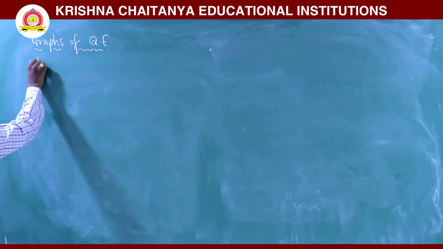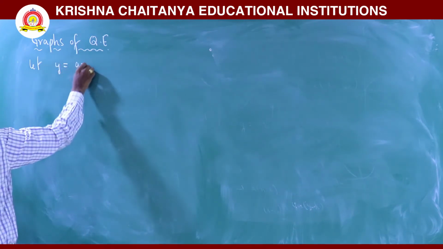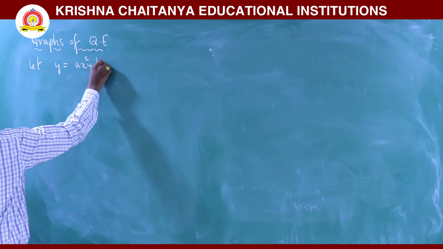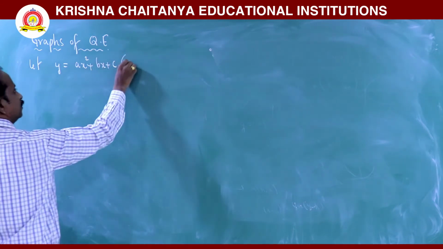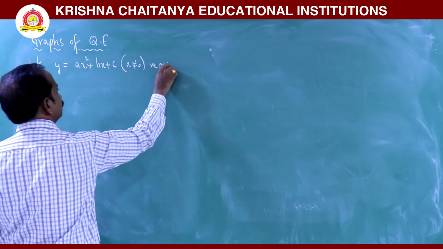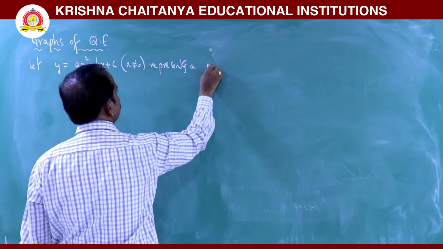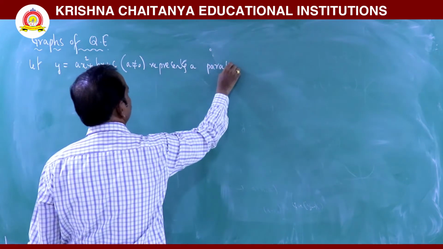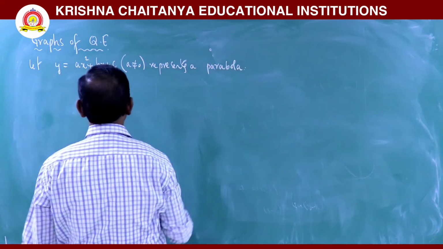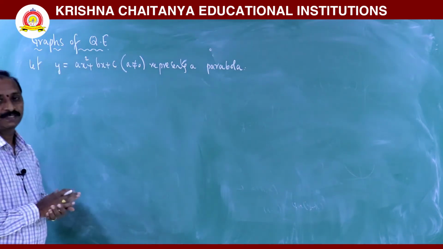So let the given quadratic expression be taken as y, where y is equal to ax square plus bx plus c, with condition a not equal to 0, representing a parabola. Now we discuss graphs of the quadratic expression.